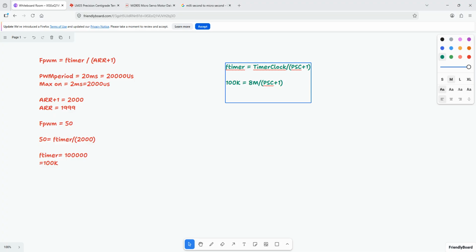If we move these values a little bit, we can write it like this also. 100k can be written as 10 raised to 5, and we shift the 8 mega below it, so it will be 8 into 10 raised to 6.